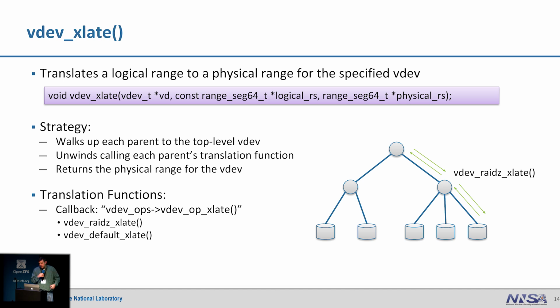But for RAID Z, there's a custom one, which helps you figure out which part of that logical range exists on your particular leaf VDEV. And then when it unwinds all the way down to the child, it returns that range. So this provides you a way to basically say which part of this logical range exists on my child VDEV and what are the physical offsets for it. So that provides the second bit of this, right? Now we know what we should trim, and we know where it is on which leaf VDEVs.